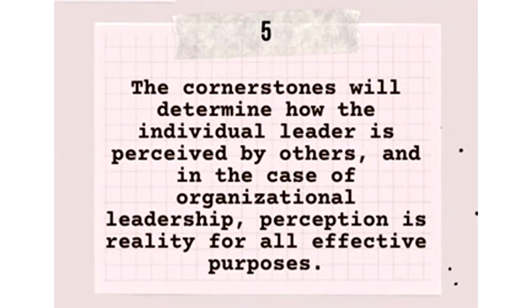The cornerstones of leadership are truth-telling, promise-keeping, fairness, and respect for individuals. These four cornerstones combined will determine how the individual leader is perceived by others, and in the case of organizational leadership, perception is reality for all effective purposes.